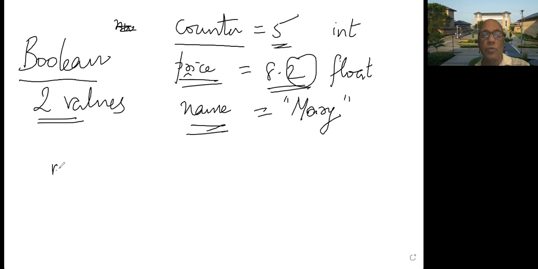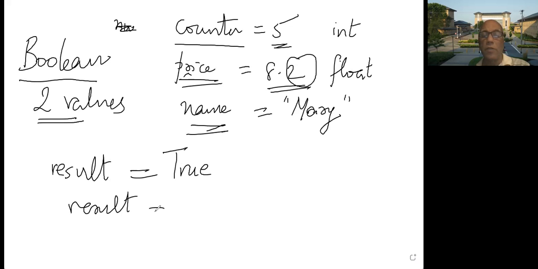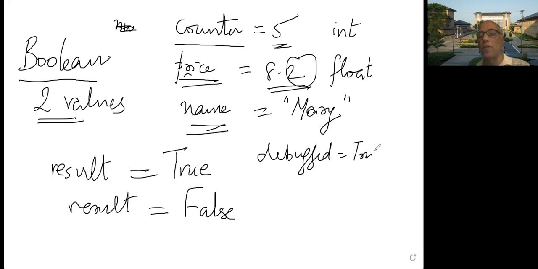So result equals True, or you could write result equals False, or debugged equals True. You can write like this. So True with a capital T for a change.